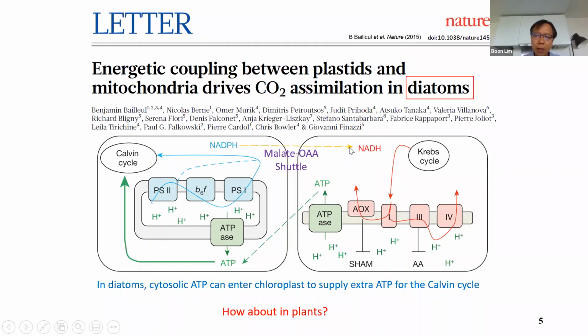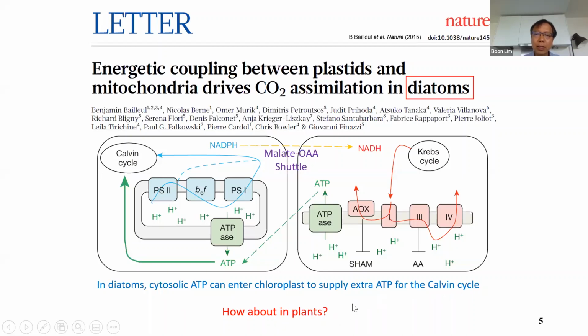And this can be used by the mitochondrial electron transport chain to produce ATP, and the ATP can be exported to the cytosol, and then the key point is it can be imported into the chloroplast to supply extra ATP for the Calvin cycle. So in diatoms, cytosolic ATP can enter the chloroplast to supply extra ATP for the Calvin cycle.